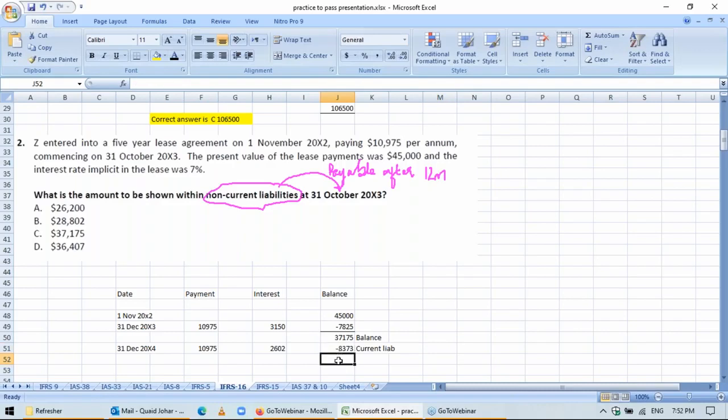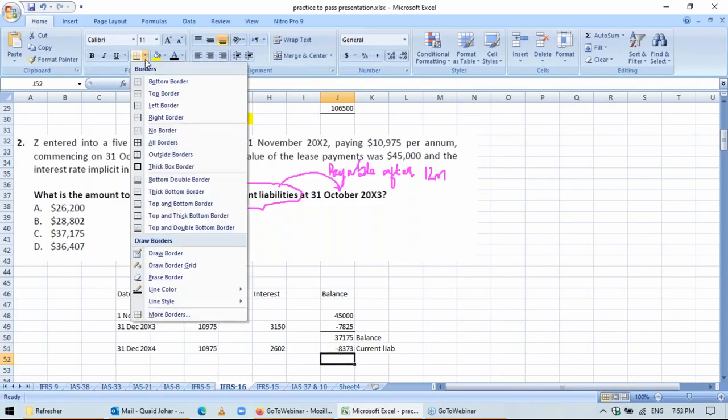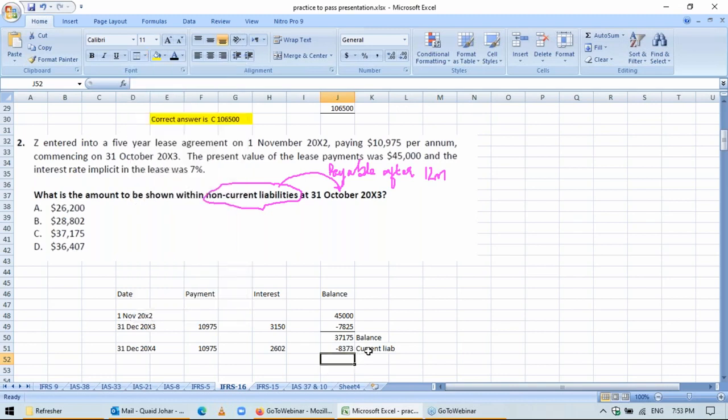If you exclude this amount from your total liability of 37,175, you arrive at the non-current liability. Right? So deduct it. It makes 28,802. So the correct answer is B.